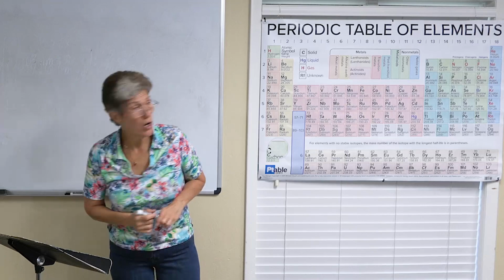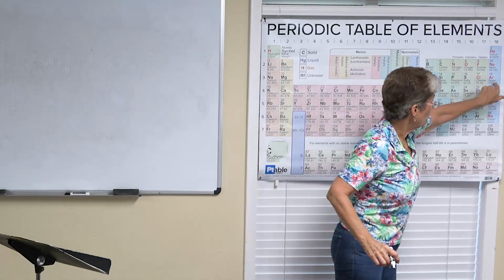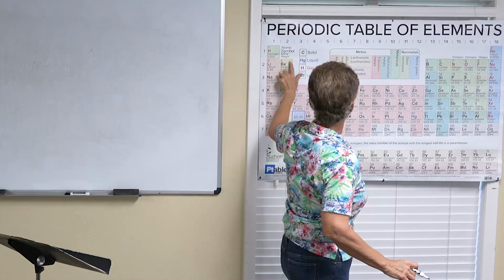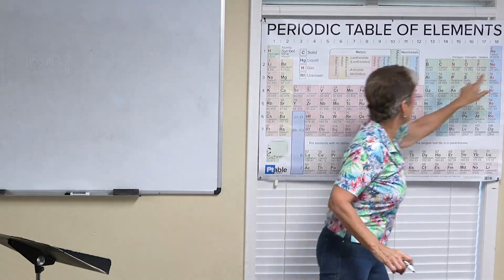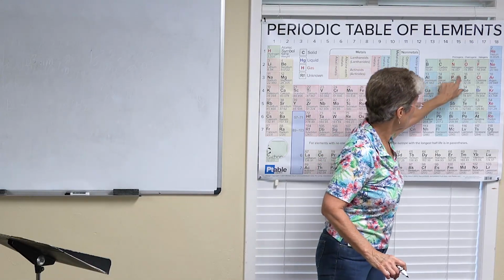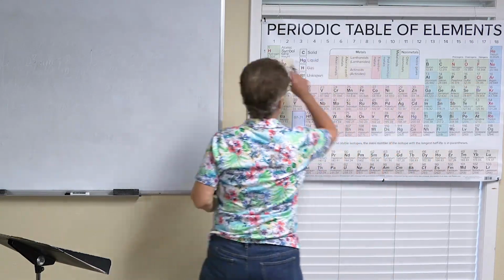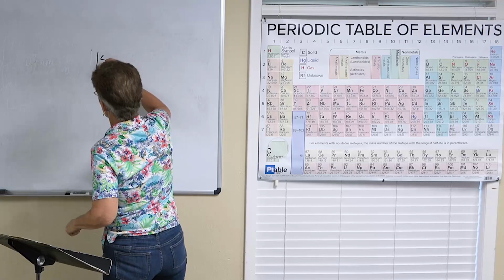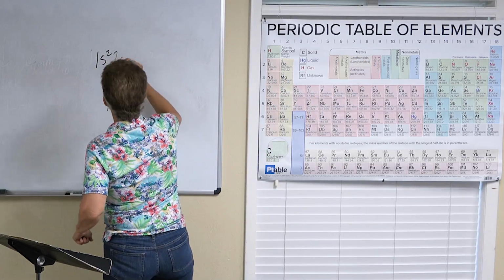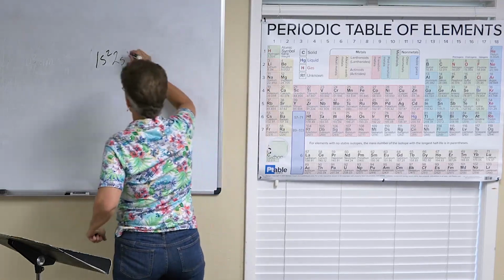The next one is argon, which is over here. So we're going to go 1s2, 2s2, 2p6, 3s2, 3p6. So let's do that. 1s2. So we got to cross this first line. 2s2.